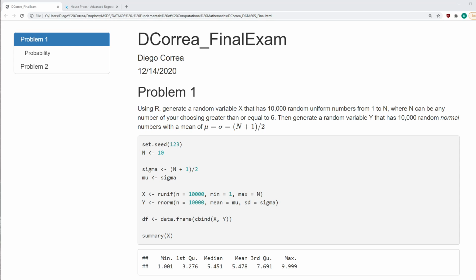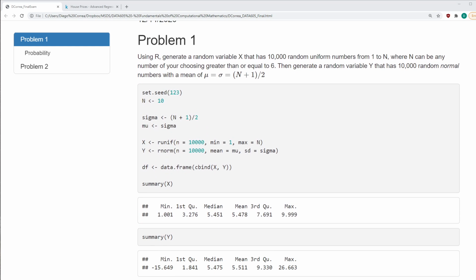I then create the random variable y using the rnorm function with 10,000 observations, mean equal to mu, standard deviation equal to sigma, and now I create a data frame of our random variables. You can see here the summary of x and the summary of y.